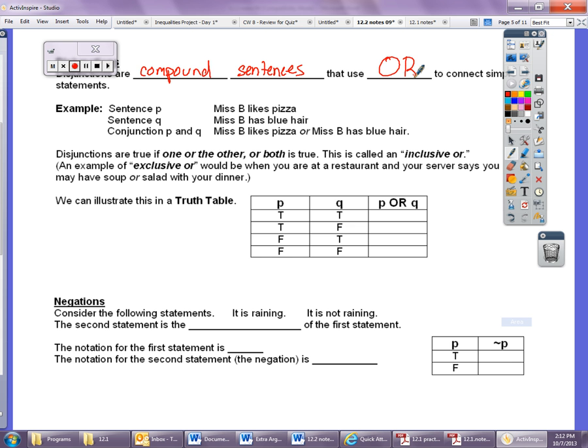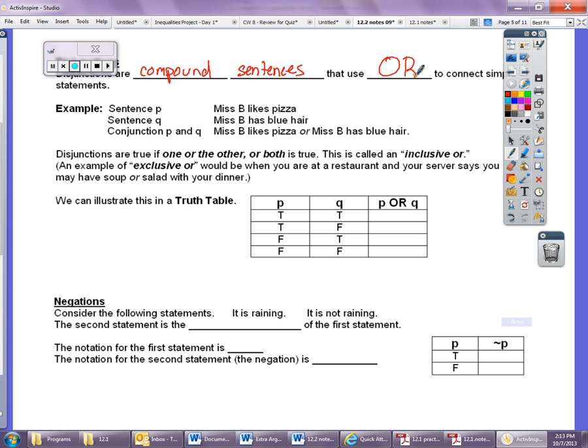So, Miss B likes pizza or Miss B has blue hair. Now there are two types of disjunctions. There's the exclusive one, which is what you hear every day. Like you're at a restaurant, you can have soup or salad, or you can do this or you can do that. That's exclusive because you have to choose one of them.